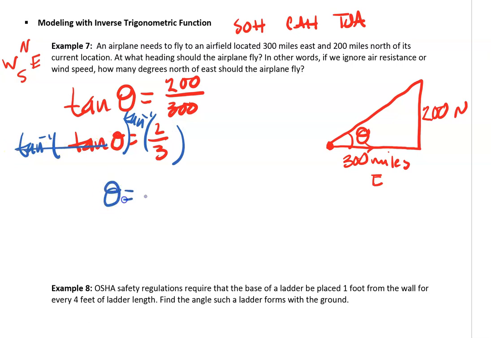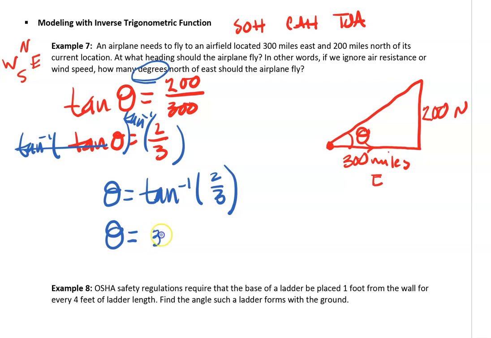So it gives me theta equal to arctangent of 2/3. And so if I run to my calculator and I type in arctangent of 2/3, it says how many degrees. So I'm going to make sure my calculator is in degrees, and I get a value of 33.69 degrees north of east.